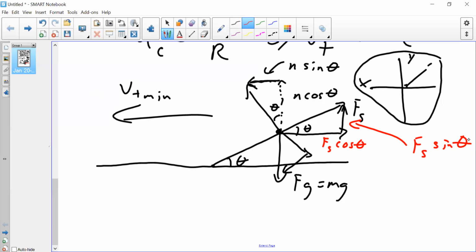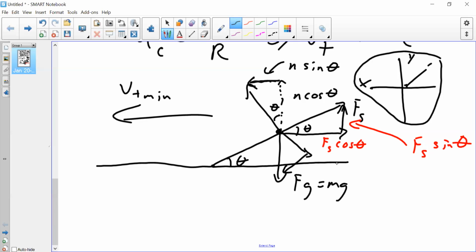Then we know that the static friction force is mu s N. And this is going to be the sine component of that. But I'll make those substitutions later.